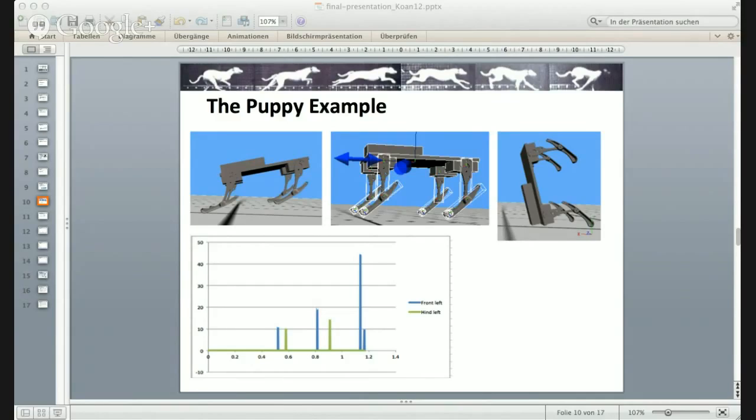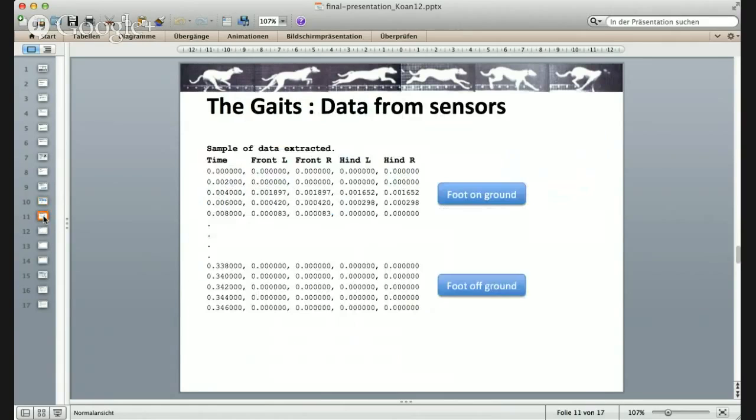We stimulated a neural network with these sensor data from the pressure sensors, and I'm not quite sure how to interpret it.